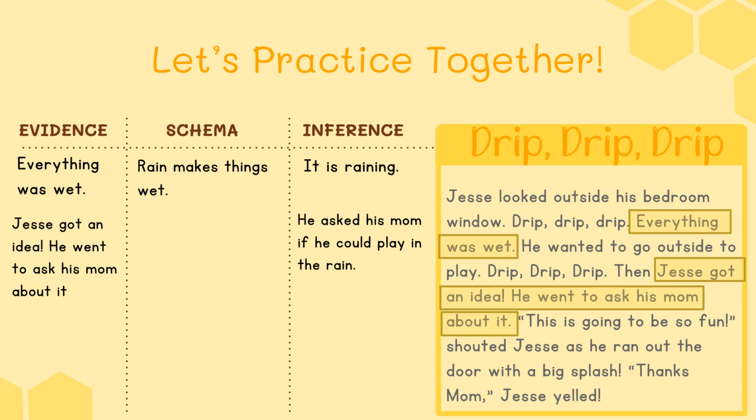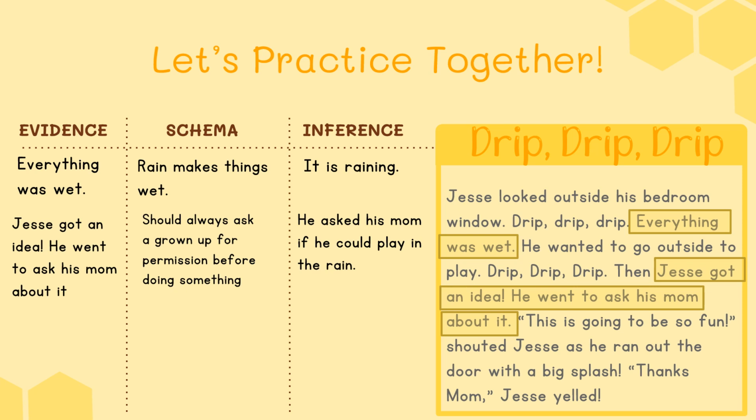When I read that he had an idea, I was thinking, I know. In my head, my schema was thinking, I know that he was probably going to go ask his mom for something because he said he had an idea, and you should always ask a grown-up for permission before doing something.